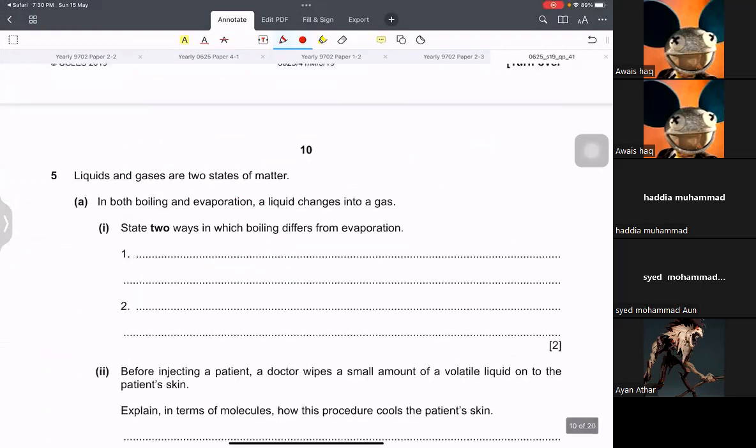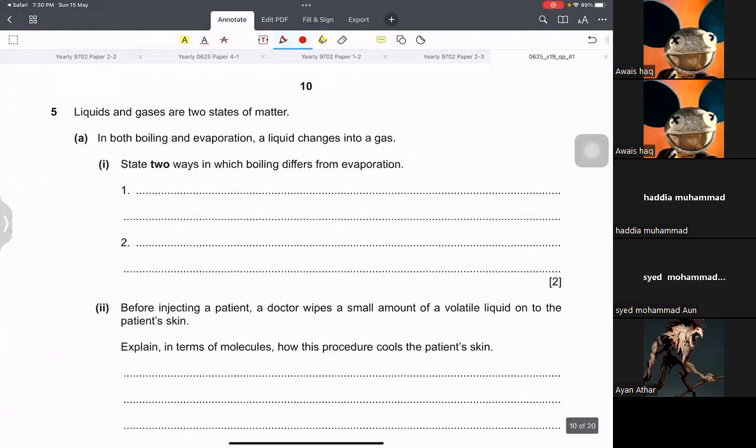Now, on to the next one. Okay, so there are many ways, but boiling happens throughout the liquid. All right. And boiling happens at a fixed temperature.